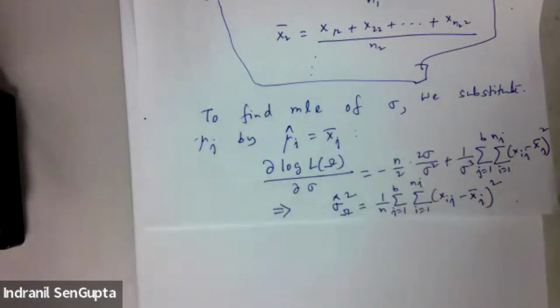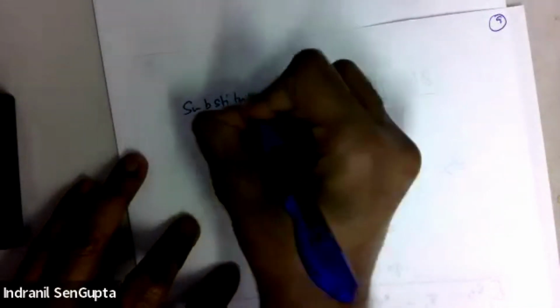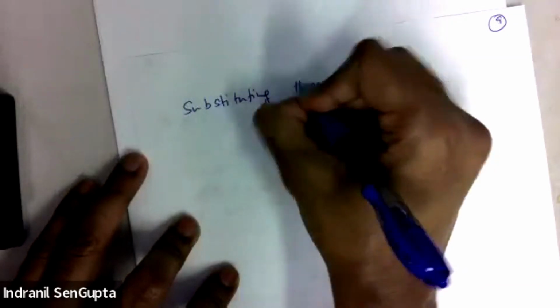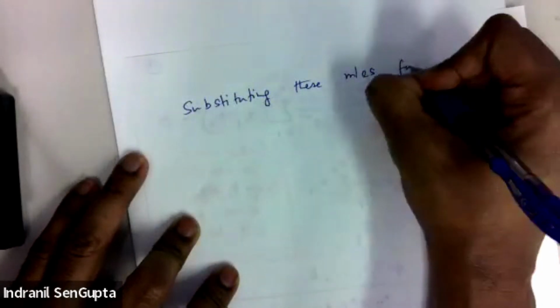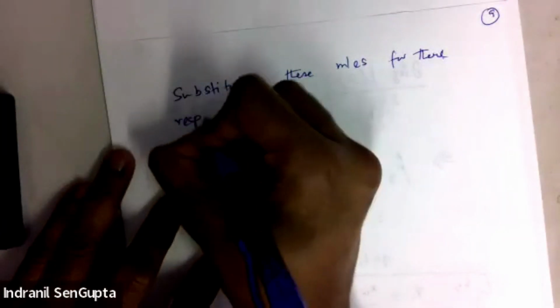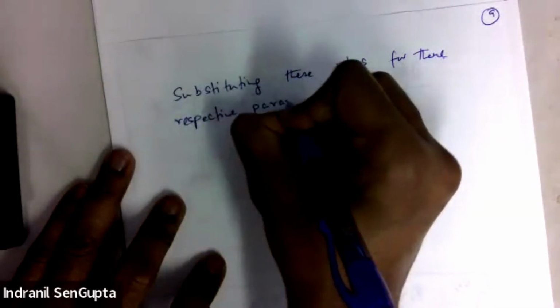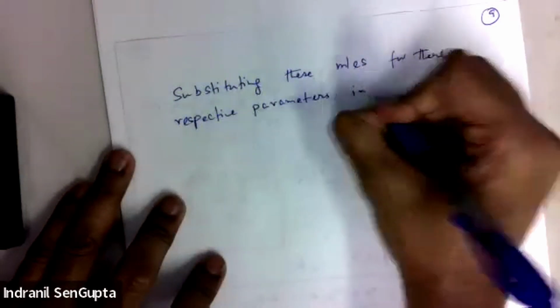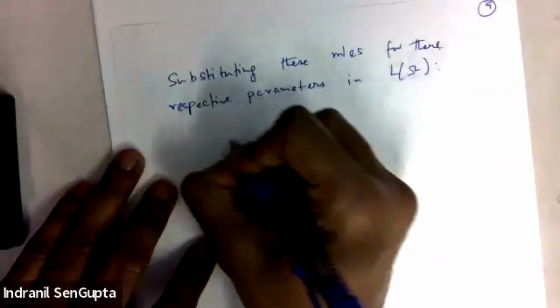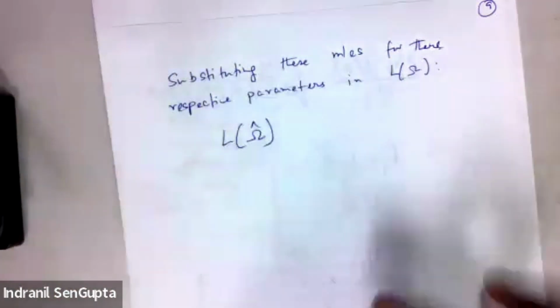All right, so we found the maximum likelihood estimators for the full model. Hence, substituting these MLEs for their respective parameters in L omega, we get L omega hat.